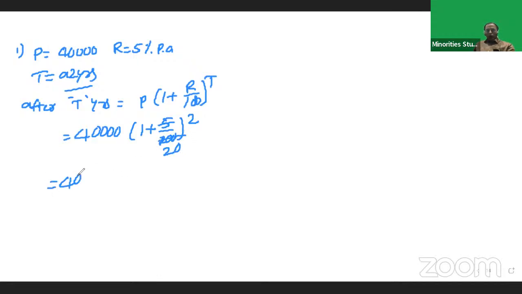It is equal to 40,000 into what is 1 plus 1 by 20? 20 into 1 is 20, 20 plus 1 is 21. 21 by 20 whole square is there. Whole square means write it 2 times: 21 by 20 into 21 by 20.